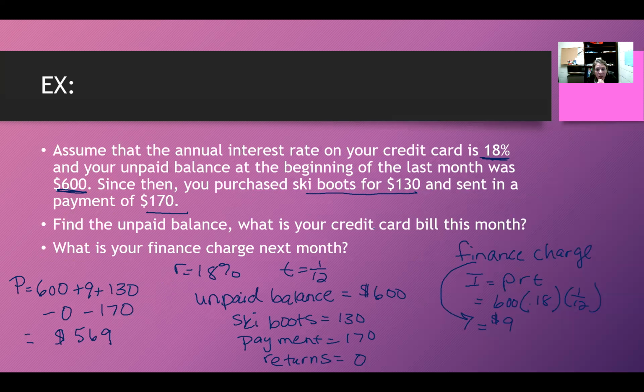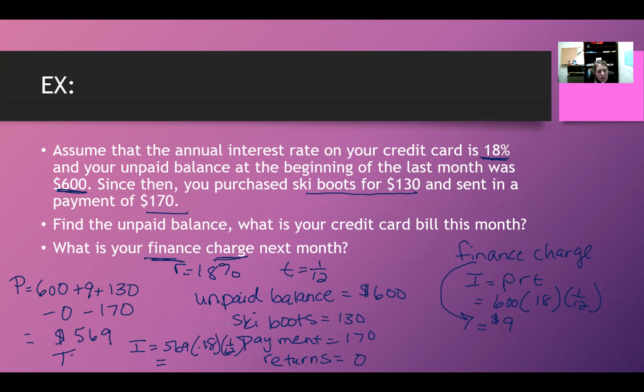Okay, what is your credit card bill this month? That's $569. Now it wants to know what is your finance charge for next month. So to figure out next month's finance charge, we're still going to use this formula again. So I equals 569, which is our monthly balance, times our rate, 0.18 here, and then our 1/12 for time.